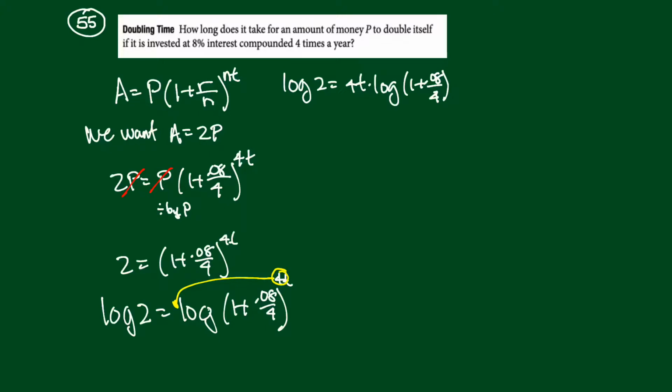And now I can isolate t. You can see here that t is being multiplied by 4 times the log of this quantity. So I'm going to divide by 4 and that log. So t is equal to the log of 2 divided by 4 log of 1 plus 0.08 over 4.